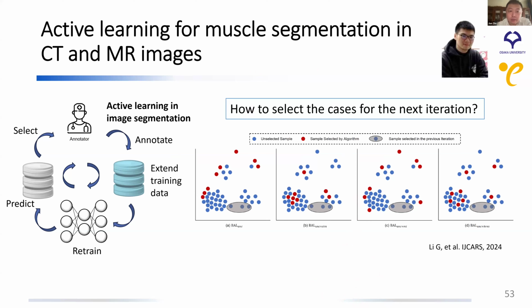Thank you. I have a question to Dr. Soufi. Your model can predict the structures of the muscles. Have you ever tried your model to predict the muscles for pediatric patients?